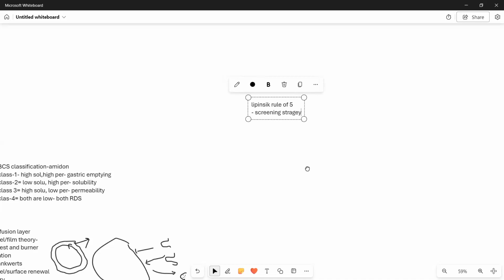Another important topic I have to mention to you guys is the rate of dissolution and the order of bioavailability. Tablets, capsules, powders, suspensions, emulsions, and solutions.